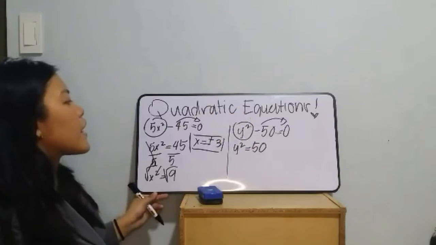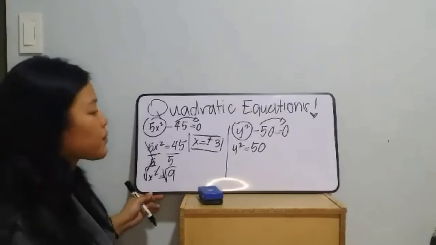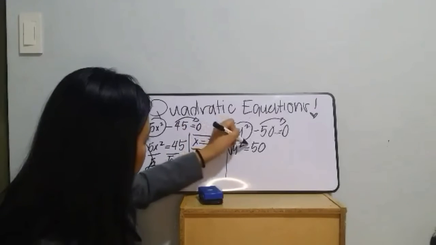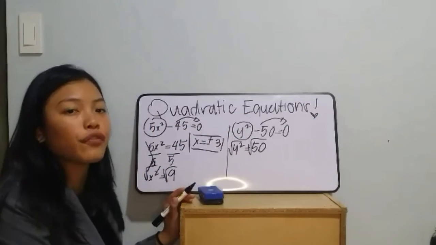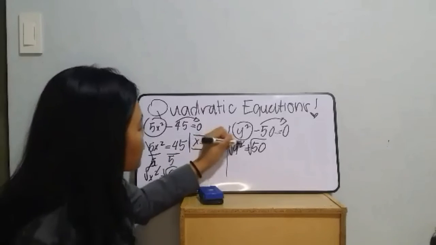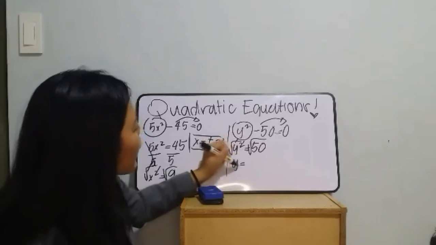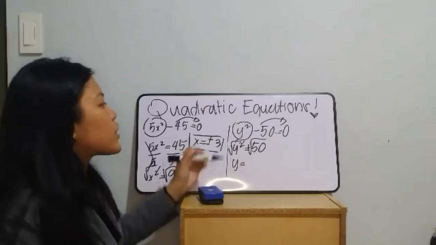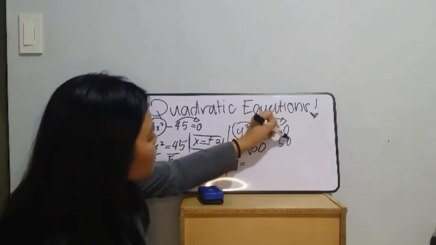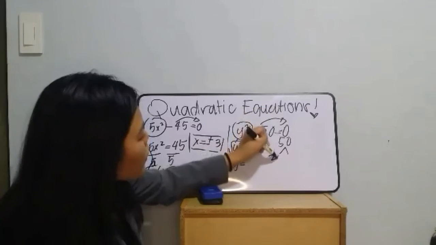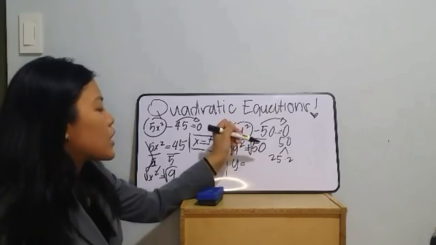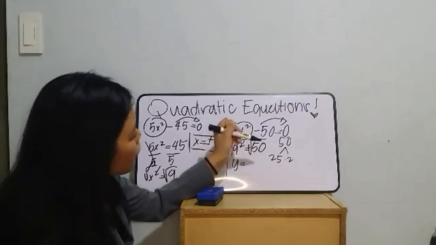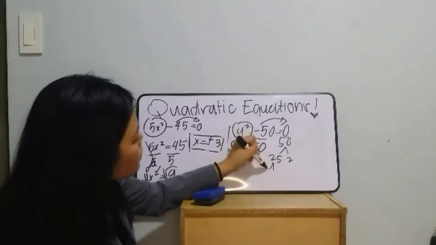And then getting the square root, we're going to get the factors of 50. So canceling this first, we have y is equal to square root of the factors of 50, which can be 25 times 2. The square root of 25 is 5.